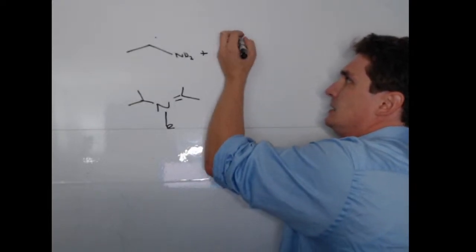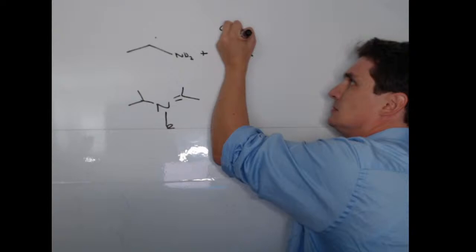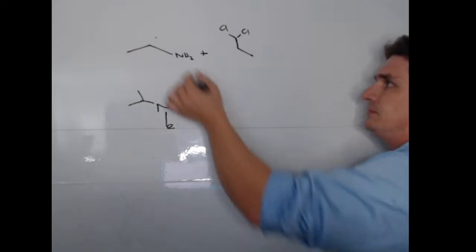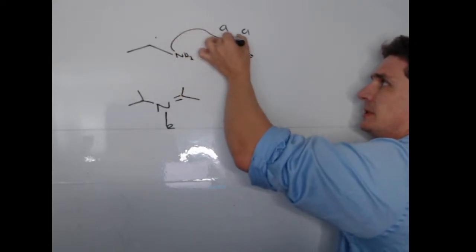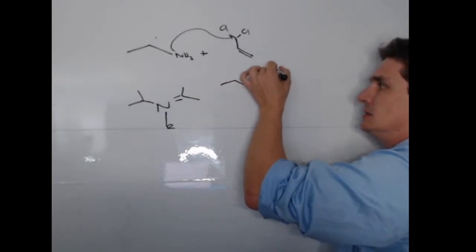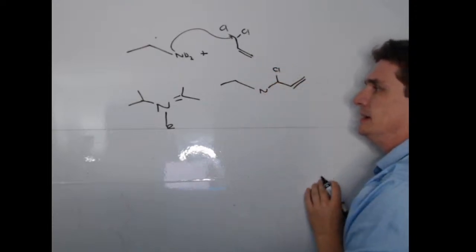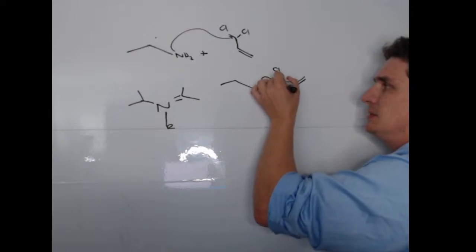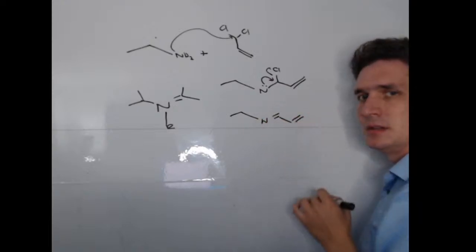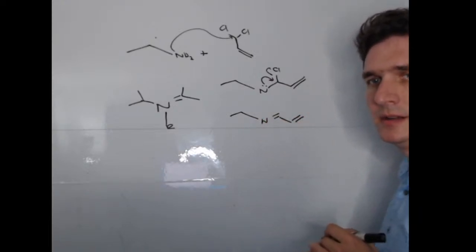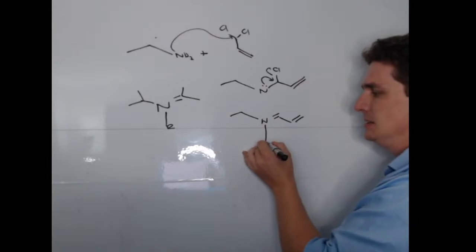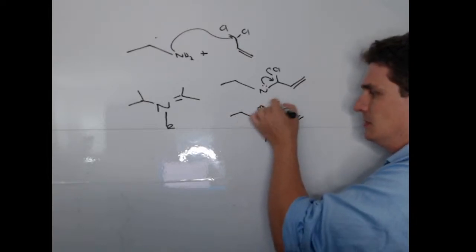So if you've got a dichloro, my guess is you get the first elimination there, and then your lone pair can kick up to get rid of the chloride. And then if you still have this left over, you'll get a subsequent attack by that lone pair to give you the salt.